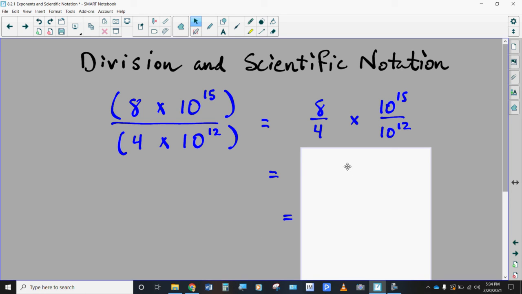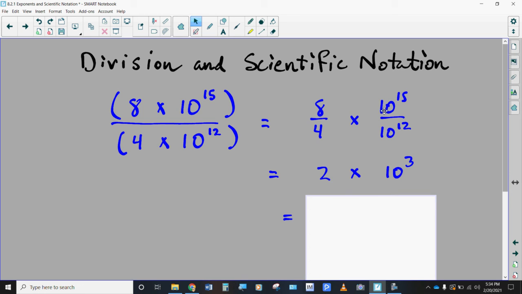And 8 divided by 4 is 2, and 10 to the 15th divided by 10 to the 12th, trust me right now, it's 10 to the third. We'll get into the details of that later, which becomes 2 times 1,000, which is 2,000. Okay, so the basics of scientific notation.